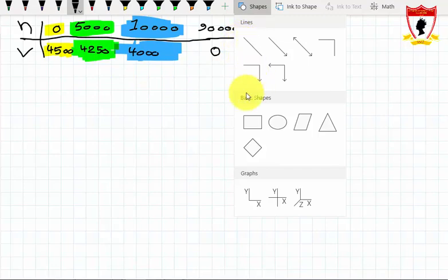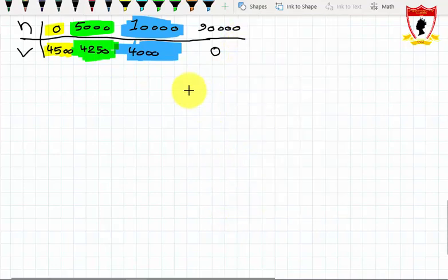All the numbers are positive, so it's fine to just have an XY axis like this. Let's draw a big one. 1, 2, 3, 4, 5, 6, 7, 8, 9.